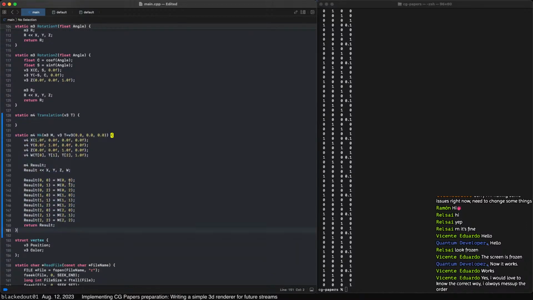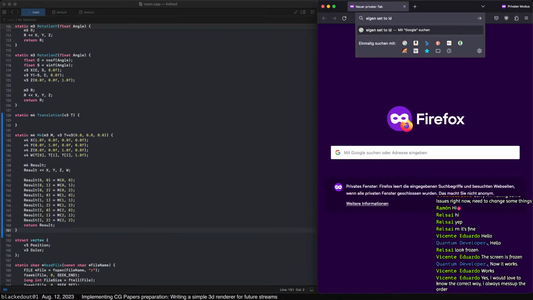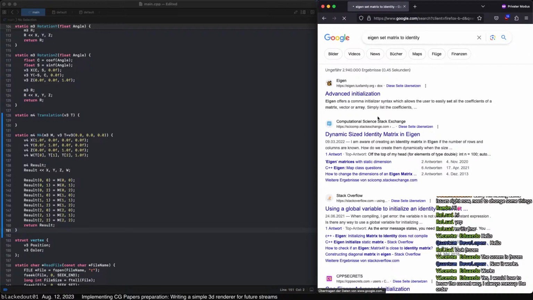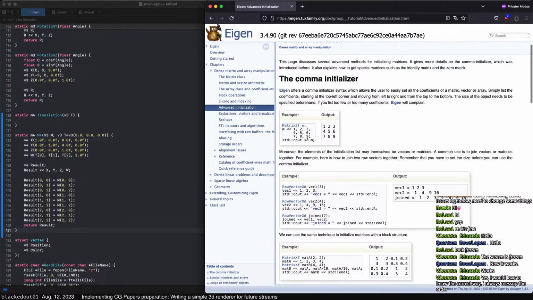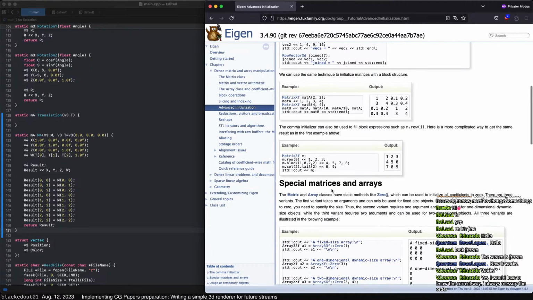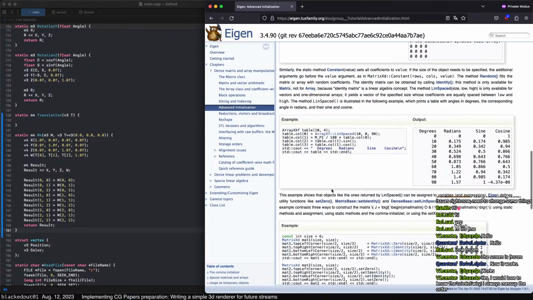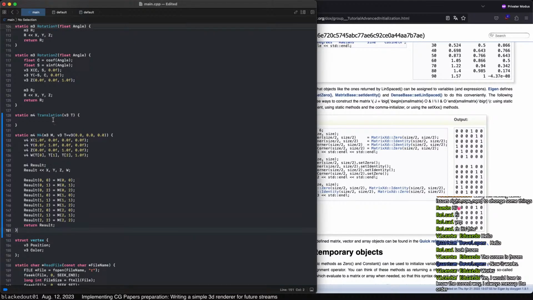So similar to this function, but I just want to, okay, maybe I can set to identity matrix. Okay, maybe this works.